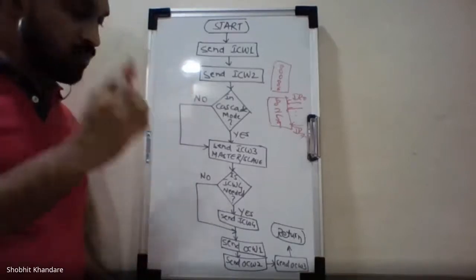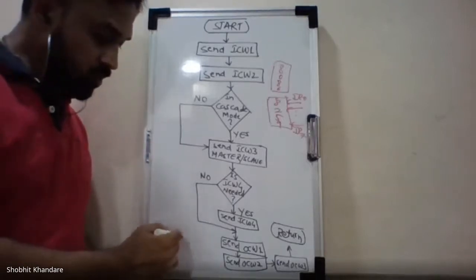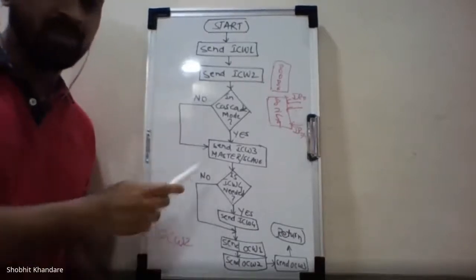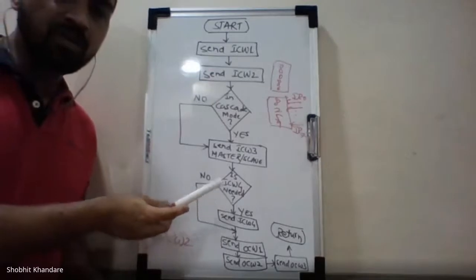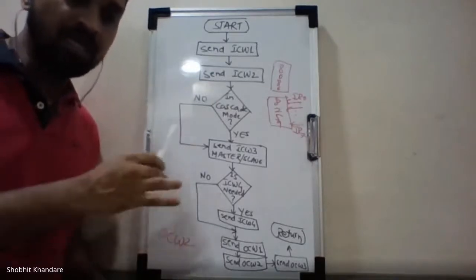Okay, then one more thing, as far as your OCW2 is concerned, your OCW2 can be introduced anywhere before the interrupt is being served or after the end of the interrupt.